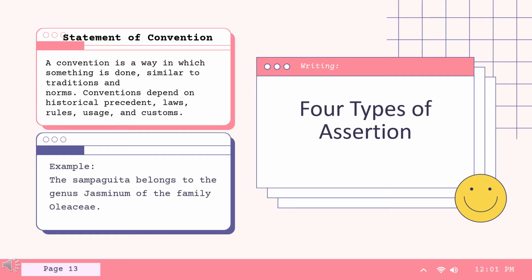So this one, I think it's also a trivia. And this detail is definitely based on the historical account of Sampaguita. As we all know, there's a branch of science that deals more with flowers or plants and so on. So this one is an example of statement of convention.